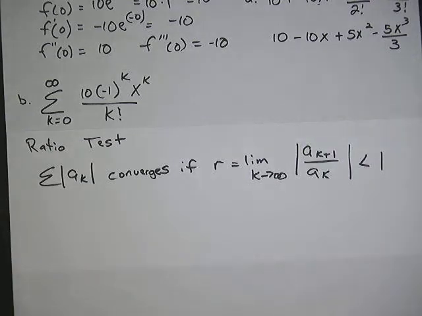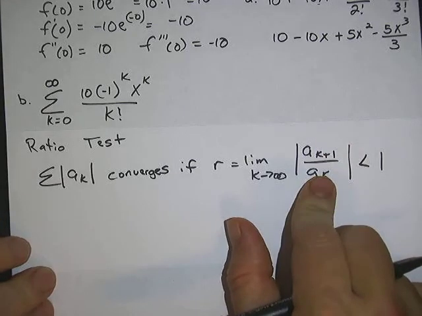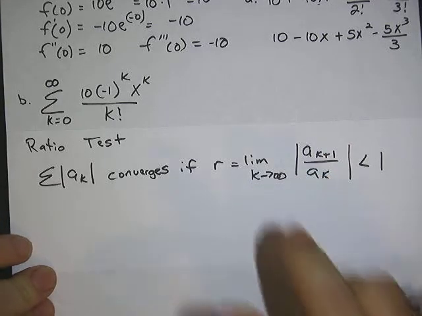So we need to figure out where that radius of convergence is. We're going to set this up and take the limit as k approaches infinity.